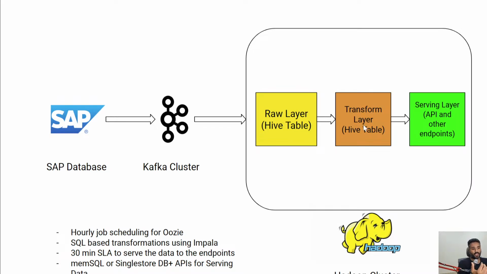In the transformation layer, we had written all the transformations in SQL based transformation logic, and every time we wanted to run the job, we ran the transformation logic on top of the raw layer and made the datasets available in our transformation layer.